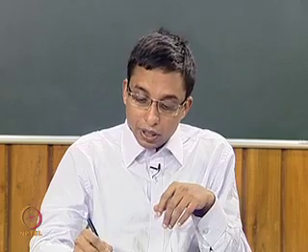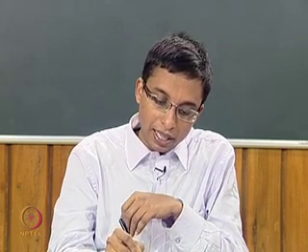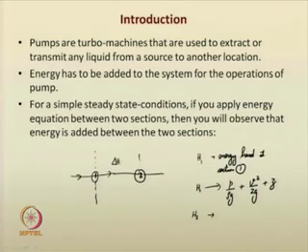Now, this energy is not sufficient to draw water from a particular location. Suppose you want to draw more water to some other location, what do we have to do? In addition to this energy, you have to provide some external energy, and that external energy, del H, will be provided between these two sections.